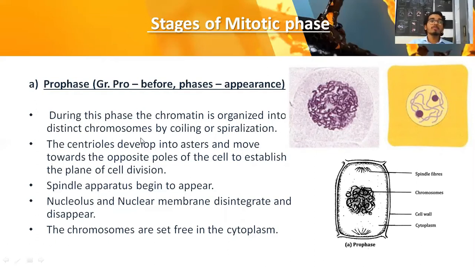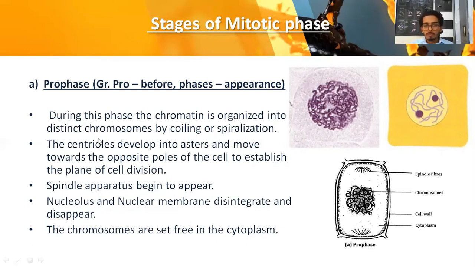At the same time, the centrioles of the animal cell, which are absent in plant cells, where asters form directly, get converted into asters.